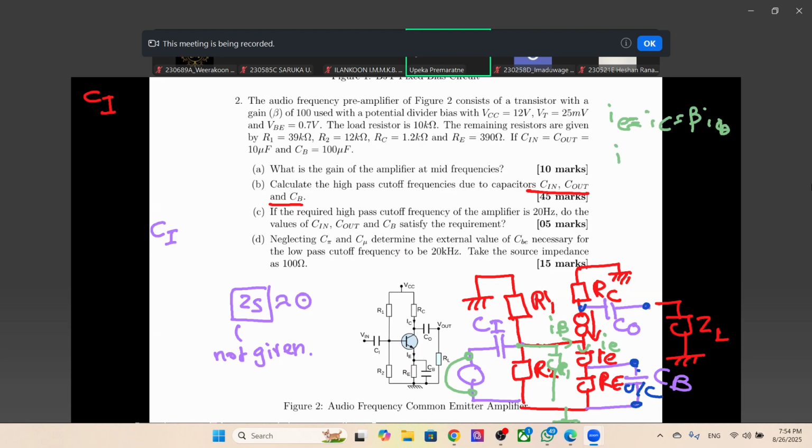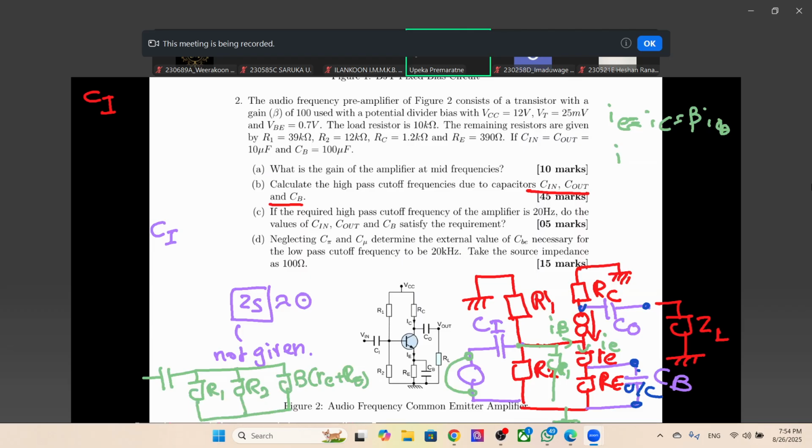So now we can rewrite this as the capacitance here, R1, R2, and now beta times (R simple E plus R capital E).